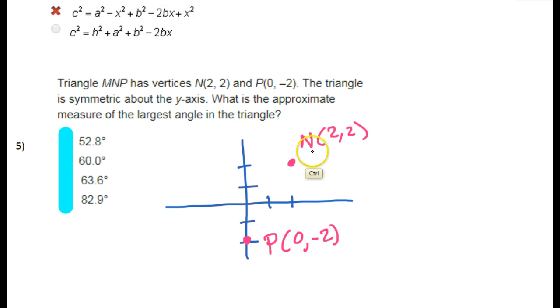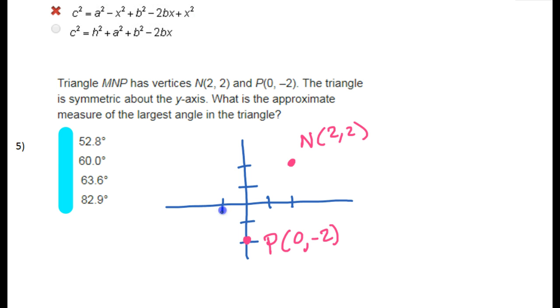Well, the triangle is supposed to be symmetric about the y-axis. So it's got to be the same to the left and the right. Point P is right on the y-axis, so its reflection is itself, so I don't have to worry about it. So point M must be the reflection of point N. So here's point N, 2 units to the right.